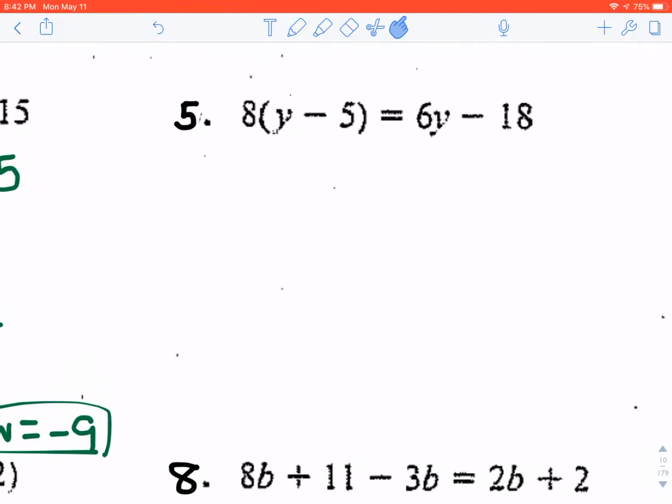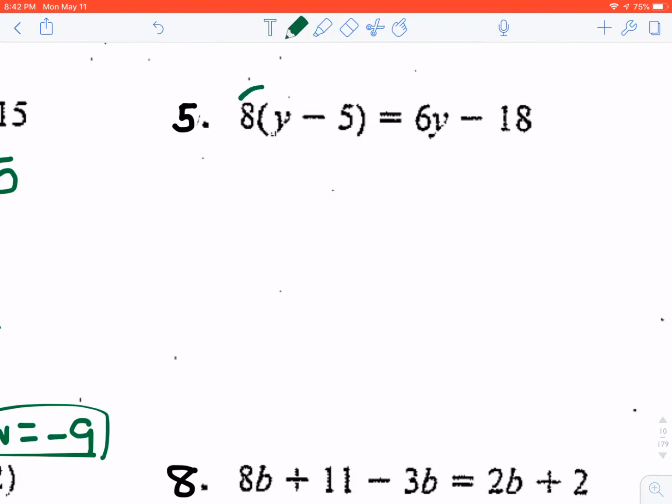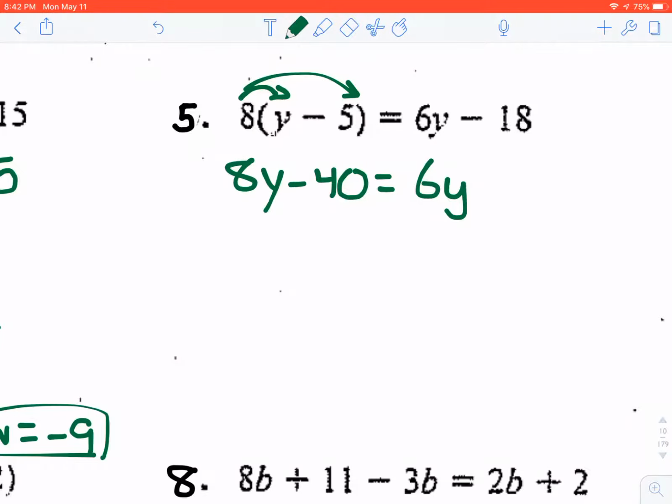Number 5. It's very similar to number 4. You are going to distribute first. So you guys should have gotten 8y minus 40 equals, drop down your 6y minus 18. The next step that you can do something is move your variables to the left.